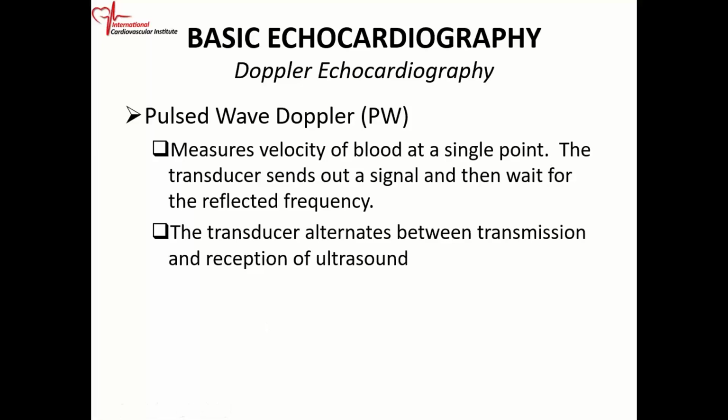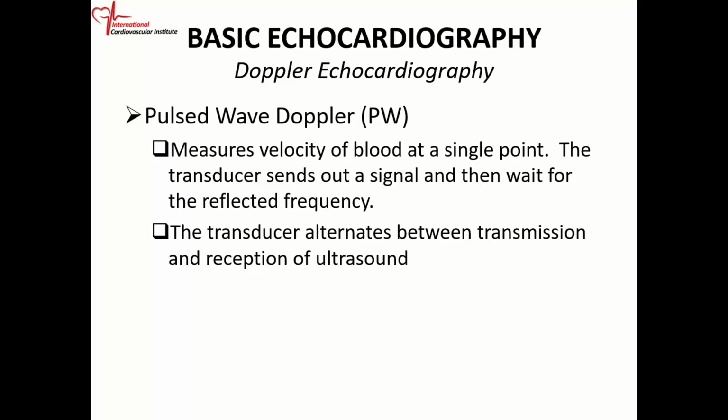So we have a number of Dopplers. One of them is what we call the pulse wave Doppler. So what is the pulse wave Doppler? When we did the basic ultrasound physics, the sound wave can be sent out in pulses.